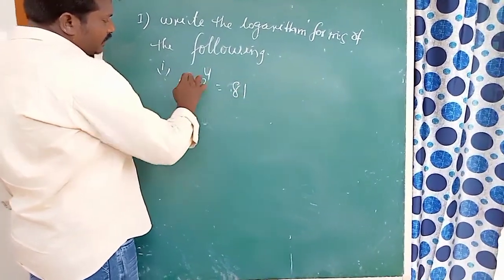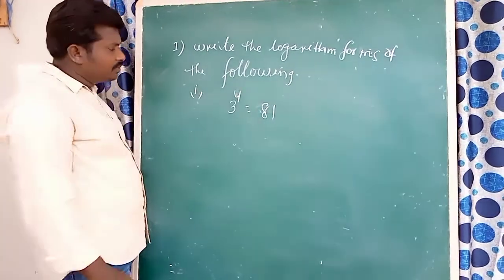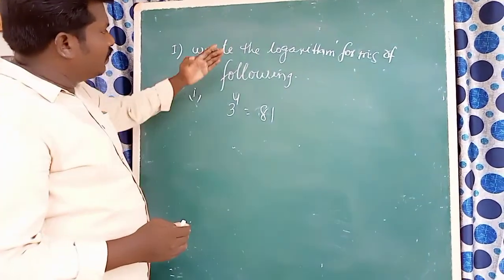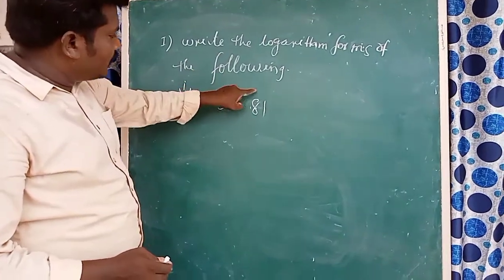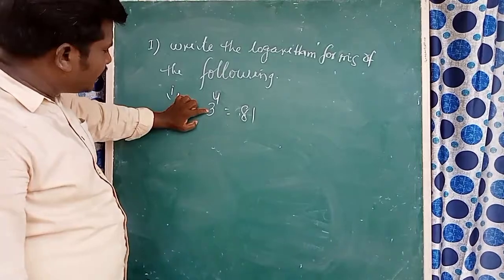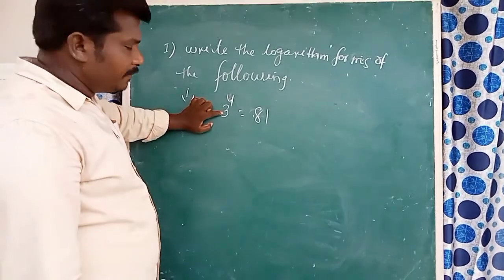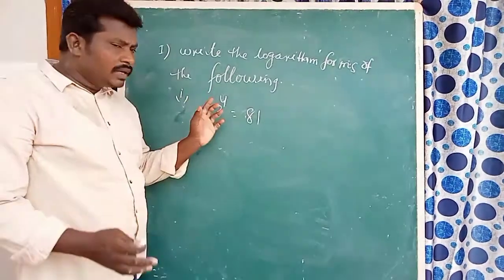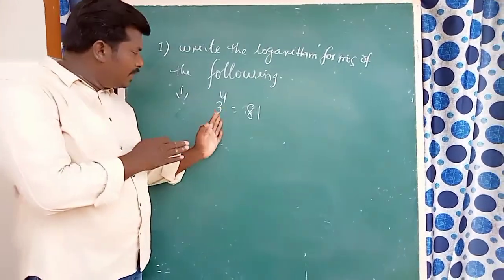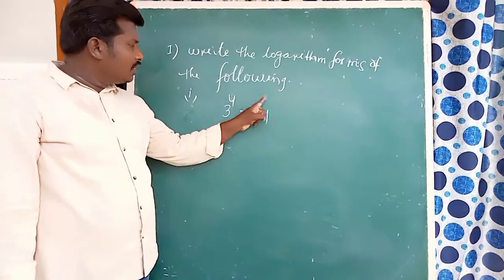Here the exponential form is given, and we want the logarithm form of the given exponential form. What is the base here? The base is 3, and you take the same base for the logarithm also. Then you will get the logarithm form.